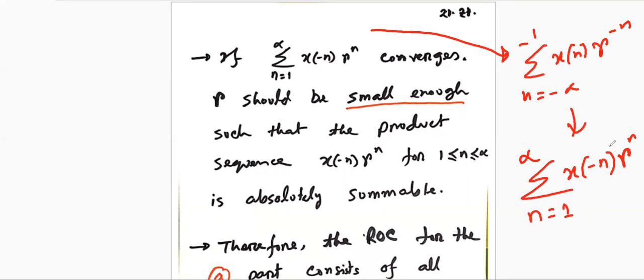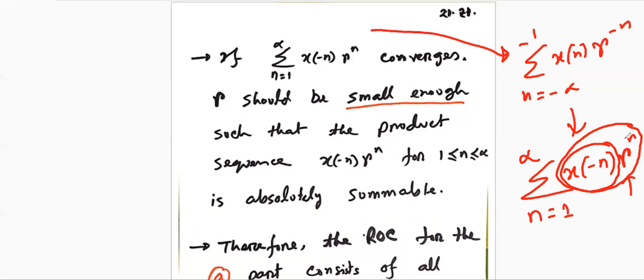However, if this x[n] is unstable, what could be the value of R? What could be the counterpart of this x[-n]? Of course, R should be small so that it can make the multiplication between these two give a stable situation.